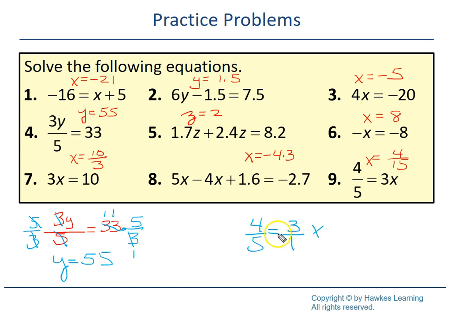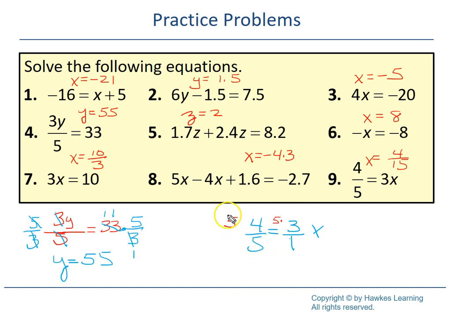Now, this one's a little tricky here. This is why I wanted to do this one for you. And I'm going to show you a technique we can often use to get rid of all the fractions like this. So we can multiply each term, and there's one term on one side, one on the other, by a 5. In this case, the lowest common denominator is 5.